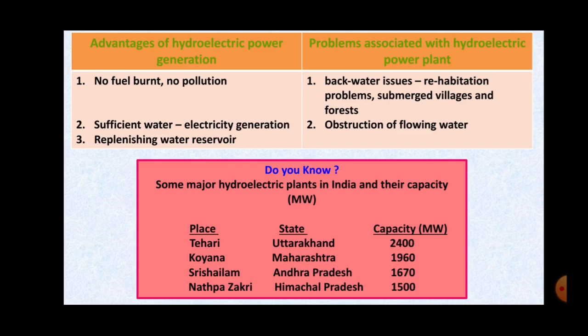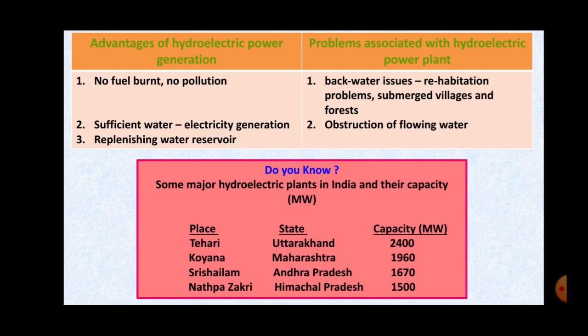In Maharashtra, it is Koyna Dam, quite famous, and it produces 1960 megawatt of electricity. In Andhra Pradesh, we have the Srisailam power plant, which produces 1670 megawatt of electricity. And in Himachal Pradesh, we have the Nathpa Jhakri hydroelectric power plant, which generates 1500 megawatt of electricity, right?